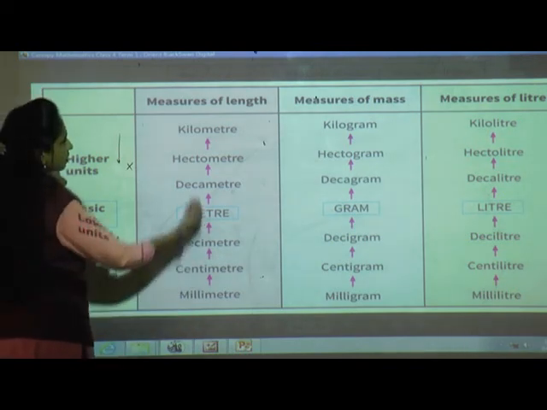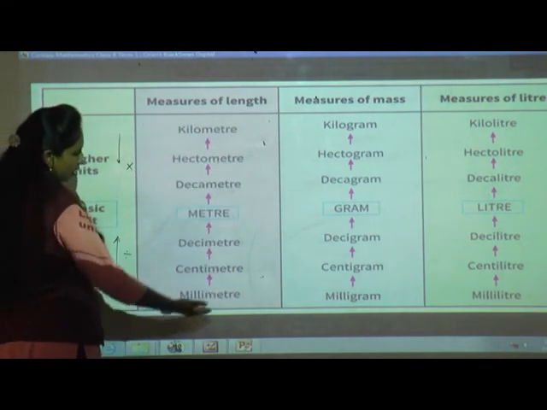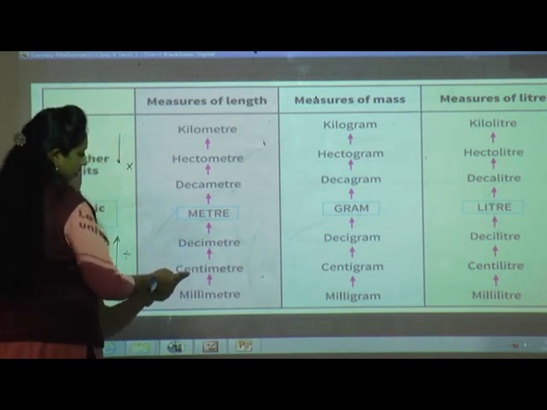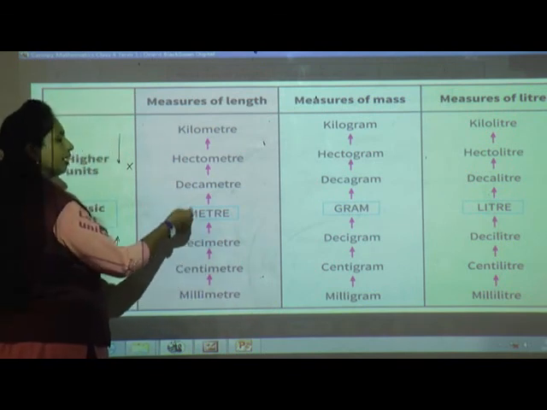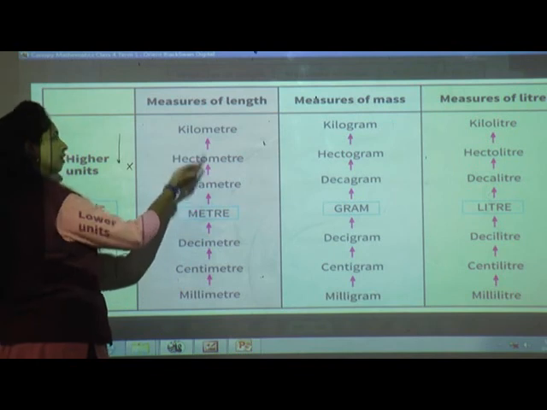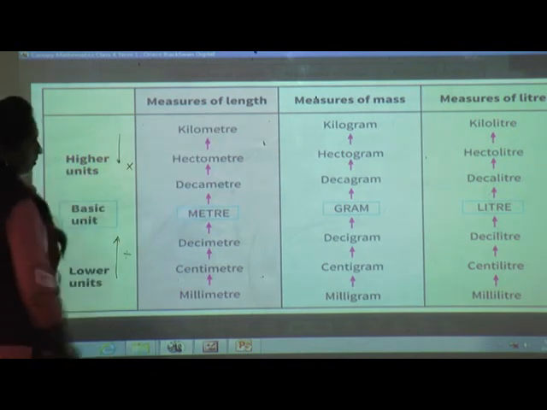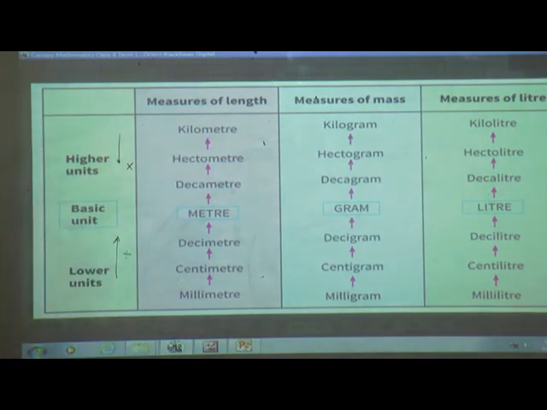So lower units in the measures of length start from millimeter, then centimeter, then decimeter, then meter, then decameter, hectometer and kilometer. We always divide when we change a lower unit to a higher unit, and we always multiply when we change a higher unit to a lower unit. Keep in your mind.